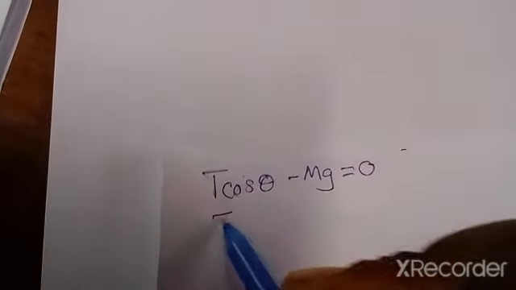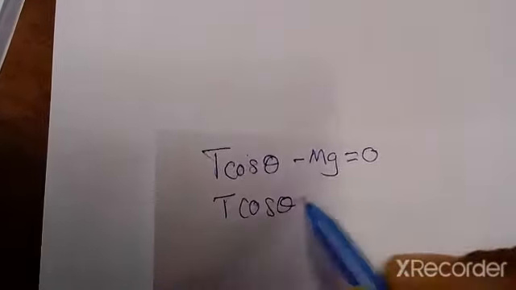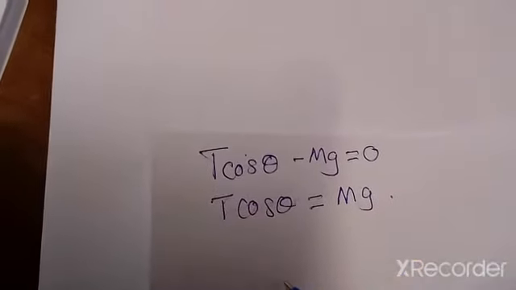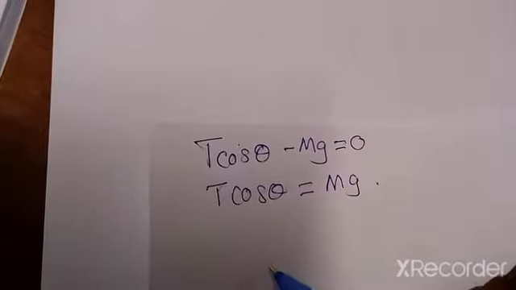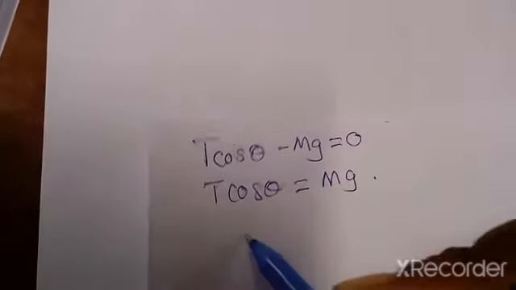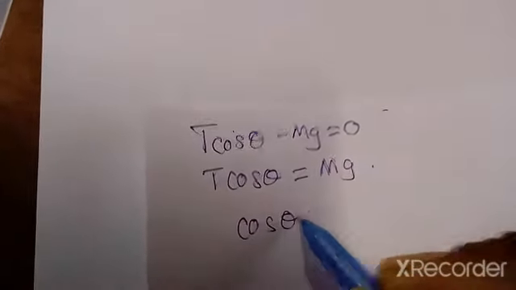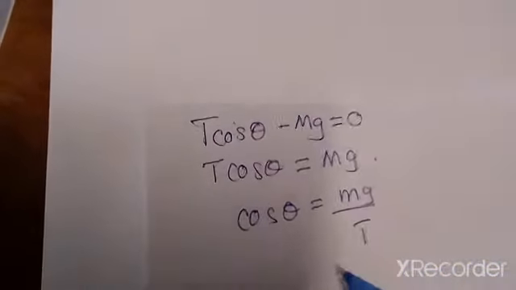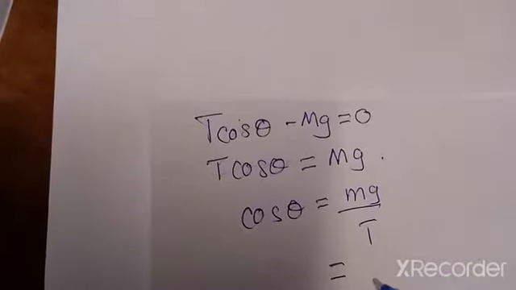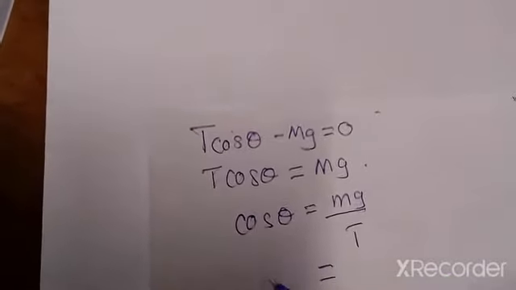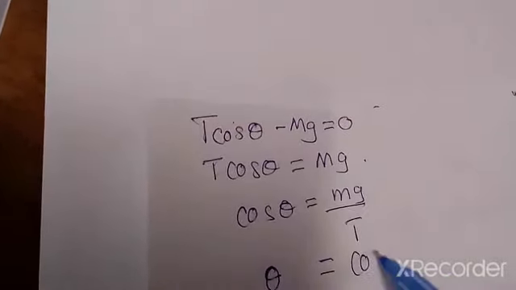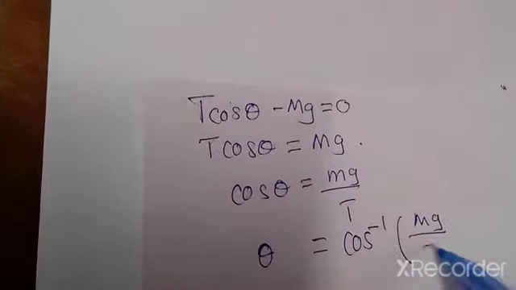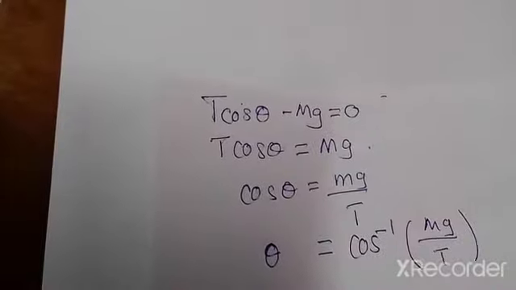So we can say that the tension cos theta is equal to the weight of the object. We've already calculated the tension, so we can say cos theta is equal to mg divided by T. And if we substitute, we are going to get theta is equal to cos inverse of mg divided by T.